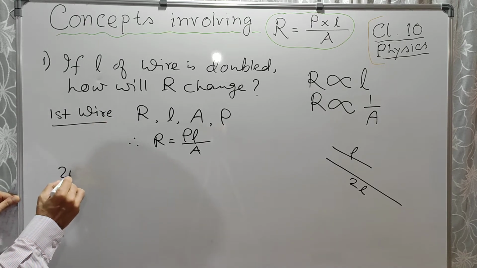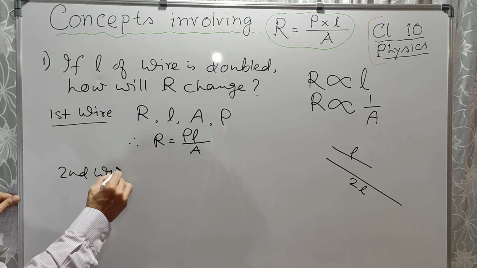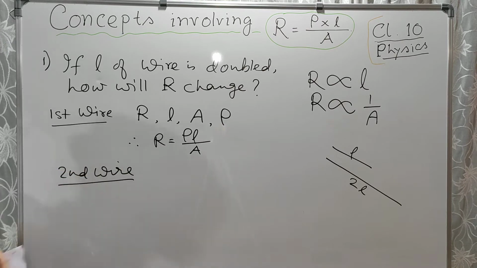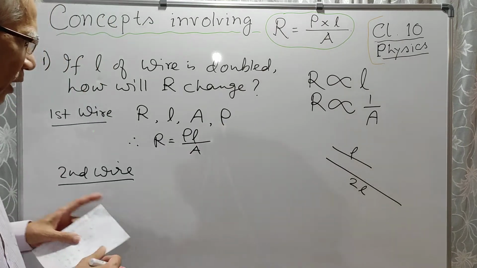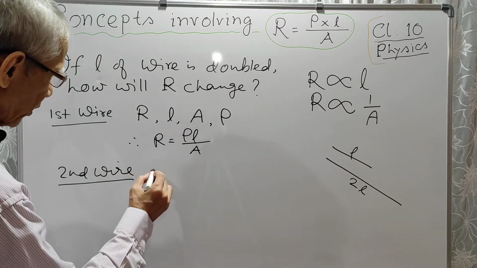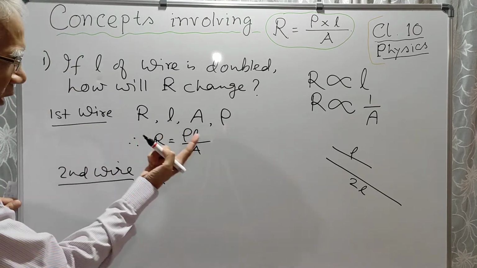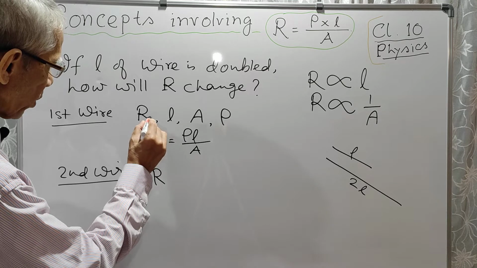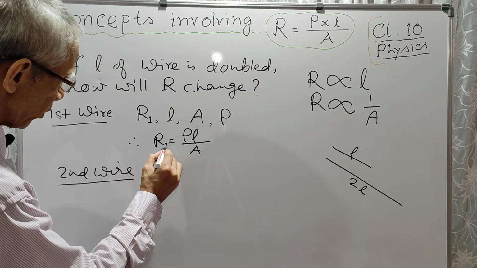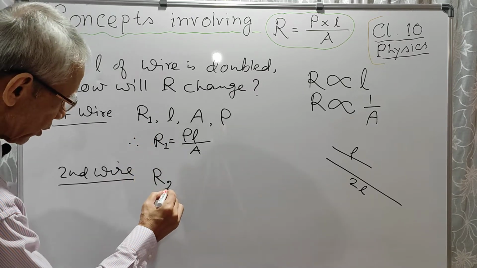Now come to the second wire. Let us call the resistance of the first wire R1. So this is R1. For the second wire, R2.